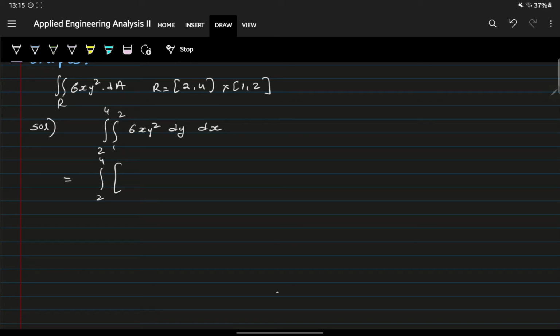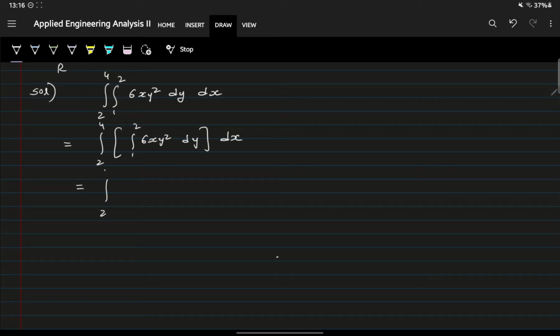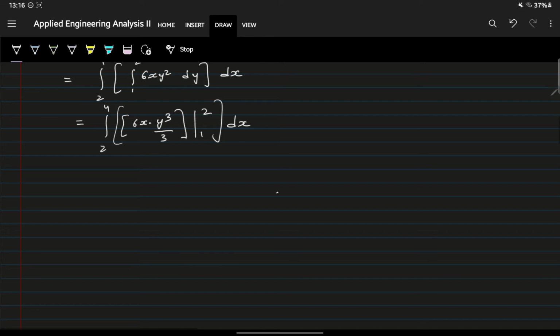Let's consider the inner function. Here we're going to keep x as a constant, so we're only integrating y between the limits 1 and 2. The entire thing still lies between 2 and 4 for x. This becomes 2xy cubed, between 1 and 2.